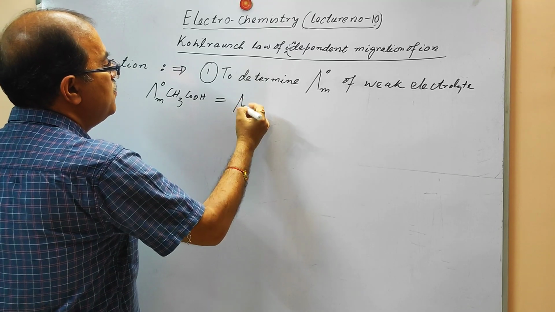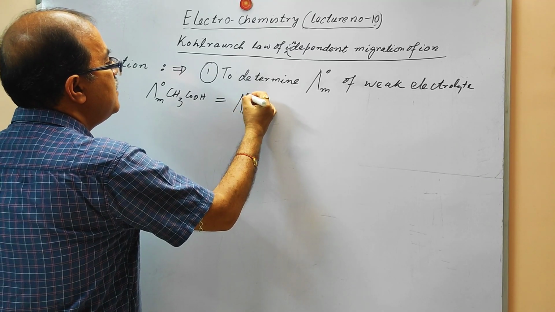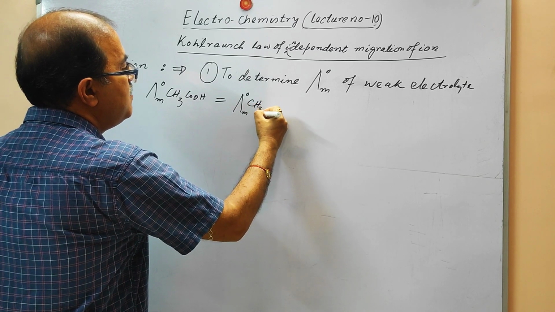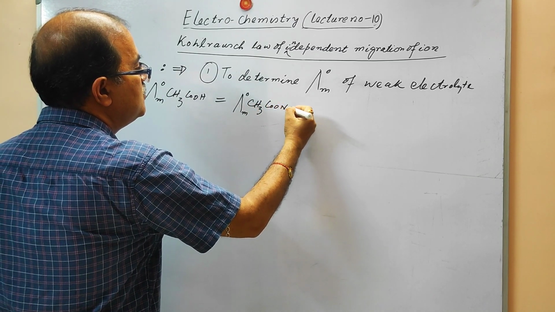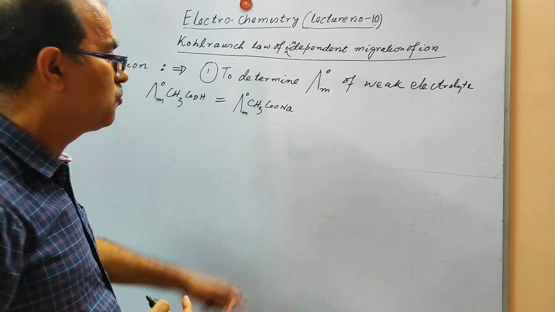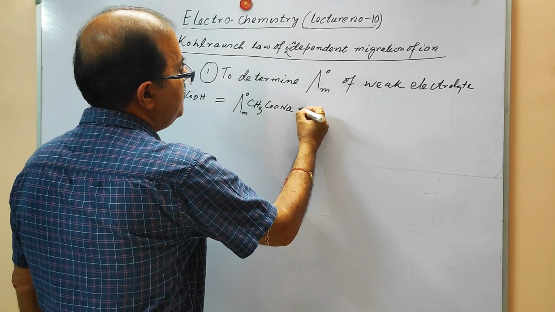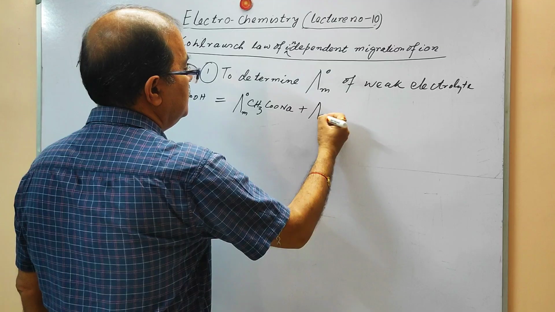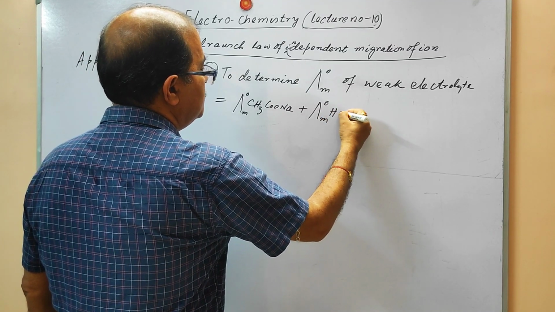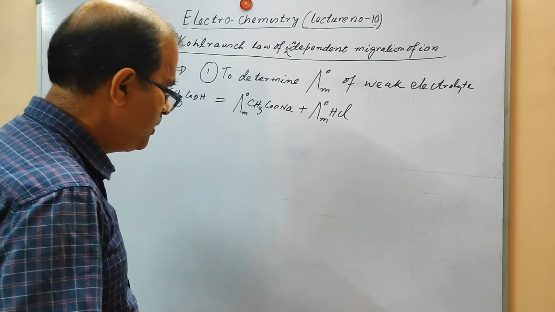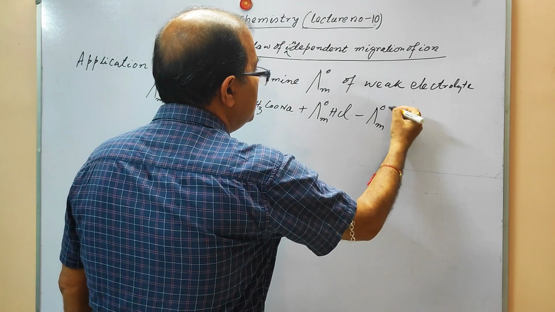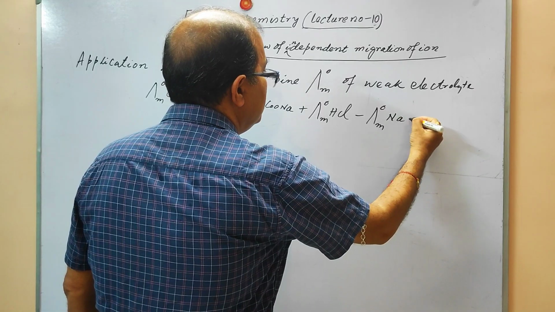Suppose we know the molar conductivity at infinite dilution of sodium acetate, because it can be easily calculated as it is a strong electrolyte, and we know that of HCl and NaCl.